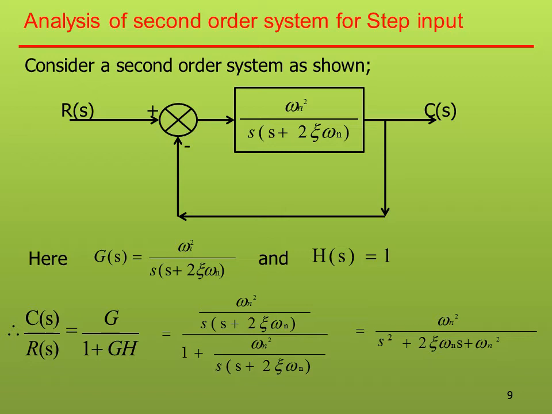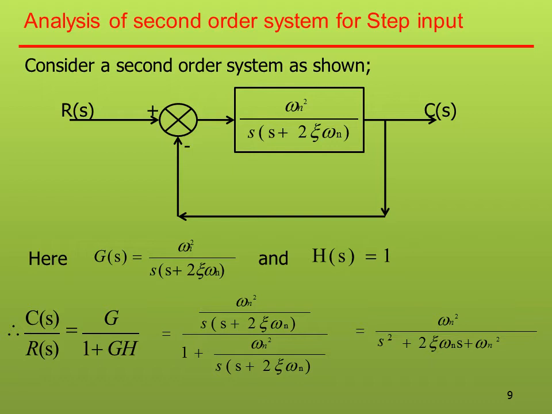Therefore C(s) upon R(s) is G divided by 1 plus GH. Okay, so we know the formula for the transfer function of the closed loop system, G divided by 1 plus GH.